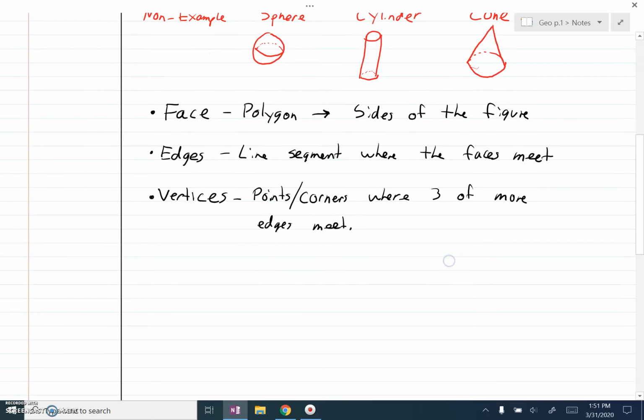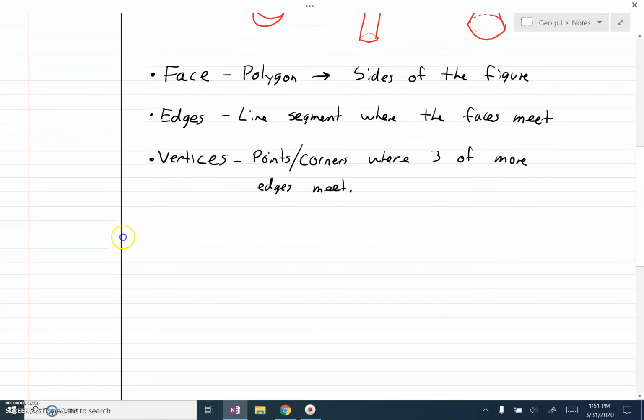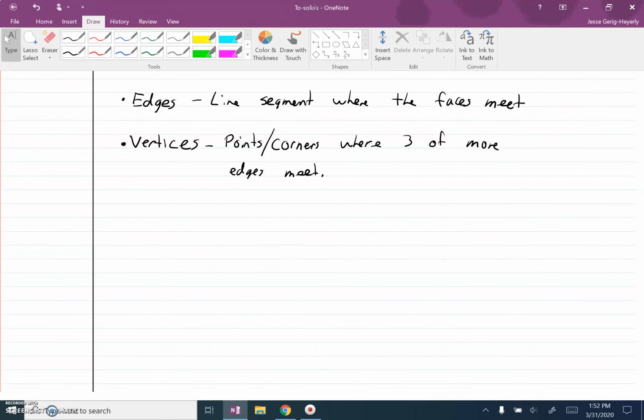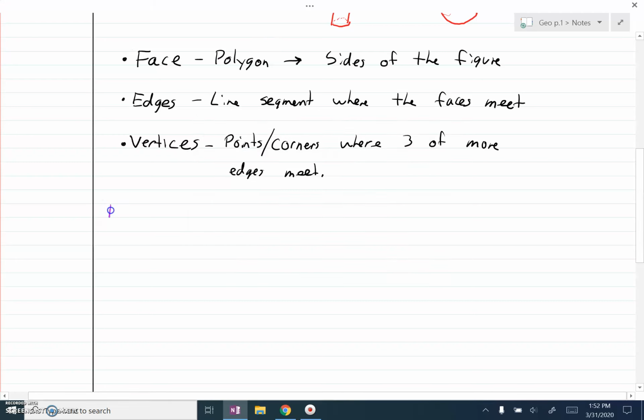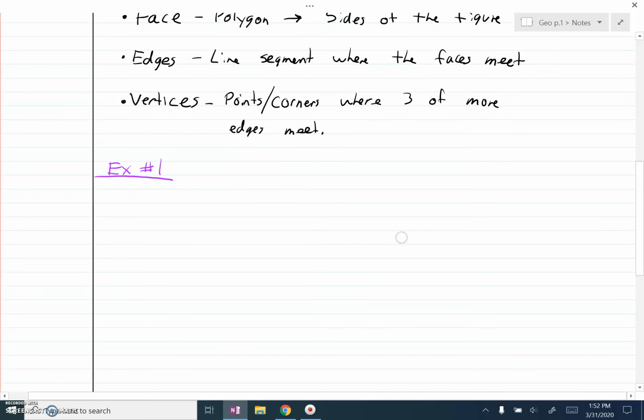Okay, so the first kind of assignments you're going to have with this are going to give you a picture of a particular shape. So let's do a different color, mix it up, we'll go with some purple here. If I do an example, let's say I drew a rectangular or square pyramid.